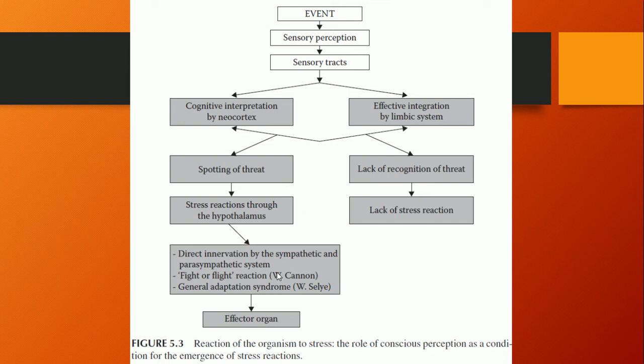It's either the fight or flight reaction or the general adaptation syndrome rather. And then the effector organs. While for this one, the right side, we have effective integration by the limbic system. So lack of recognition of threat and lack of stress reaction.